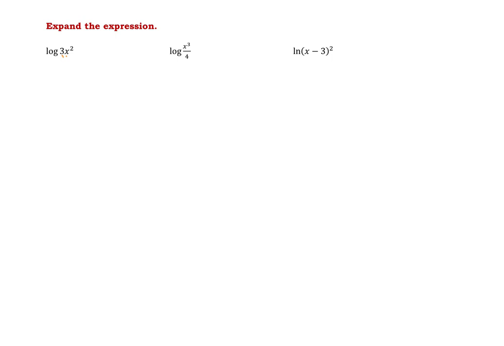So that means I'm going to write log twice. And this one has an exponent, so its log's going to have a 2. That is a base 10. So log argument of 3 plus that 2 is the exponent, log argument of x.